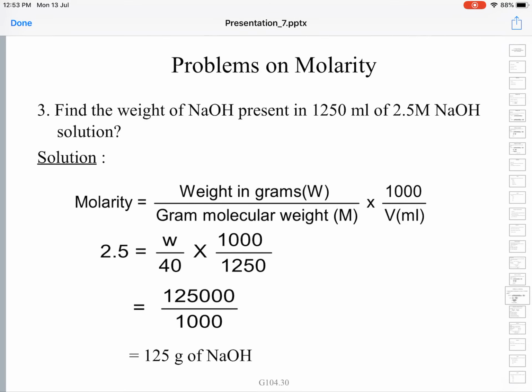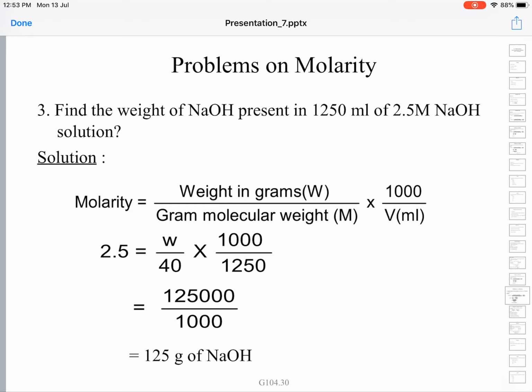The next problem: find the weight of NaOH present in 1250 ml of 2.5 M NaOH solution. Here the weight of solute dissolved is asked, and molarity is given. The given data is: volume of solution is 1250 ml, and molarity of the solution is 2.5 M. The gram molecular weight of NaOH is 40 grams.